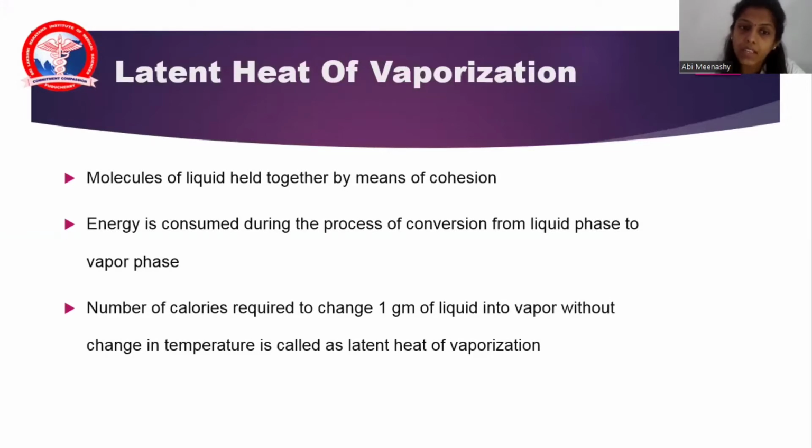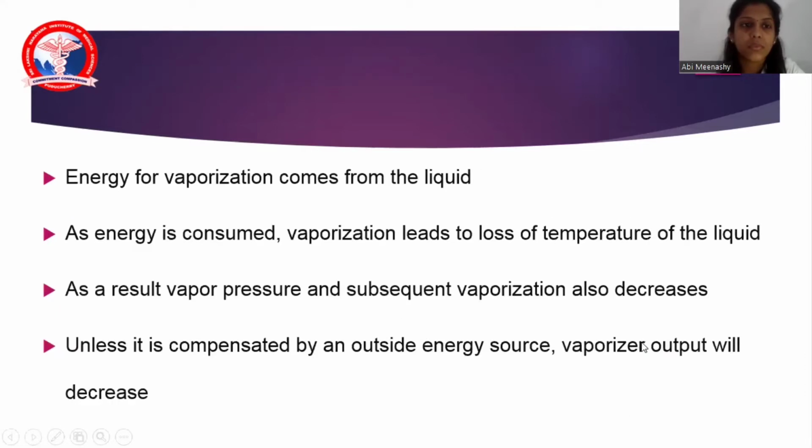The number of calories required to change 1 gram of liquid into vapor without change in temperature is called latent heat of vaporization. I repeat, the number of calories required to change 1 gram of liquid into a vapor without any change in temperature is called latent heat of vaporization.